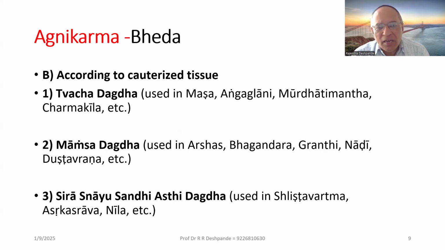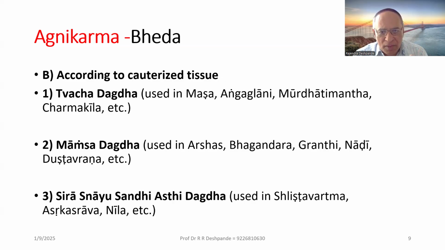We are talking about Agni Karma Bheda. Now, according to the cauterized tissue, there are three types of Agni Karma: Tvacha Dagdha, Mamsa Dagdha, and Sira Snayu Sandhi Asthi Dagdha. Tvacha Dagdha is naturally related with the skin, and different substances can be used for it. In Mamsa Dagdha, we use it for Arsha, Bhagandara, Granthi, Nadi, Dushtavrana.